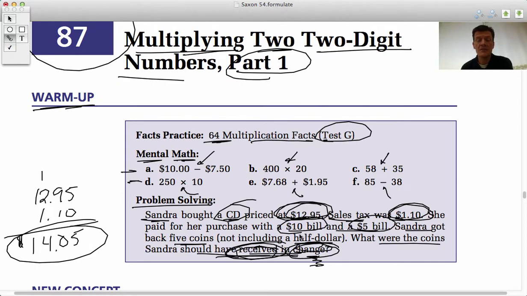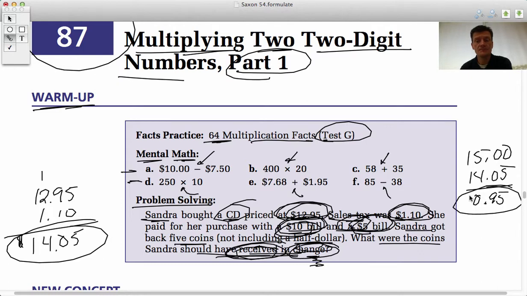She gave a $10 bill and a $5 bill, so she paid a total of $15. Those two together, 10 plus 5. And the difference between those is going to be what she gets back in change. So you have to take 15 minus 14.05. When you do that, you're going to get 95 cents.